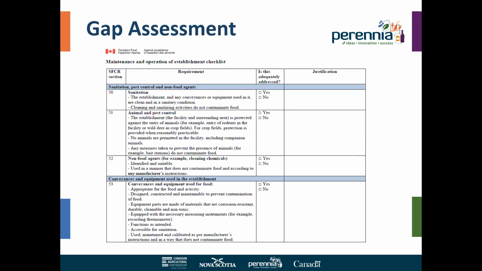Do I have a sanitation program in place? Do I have a list of chemicals? Do I have a master list? Do I have sanitation standard operating procedures in place? And if you do, you just check yes, and you put your justification in there. If you realize that you are not adequately addressing, you can check no and then list what you may need to improve on or what you may need to add to your food safety and quality management system that's already in place.